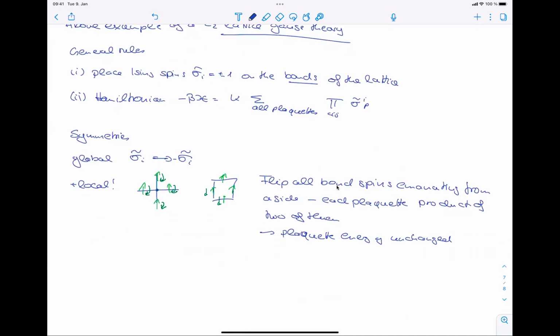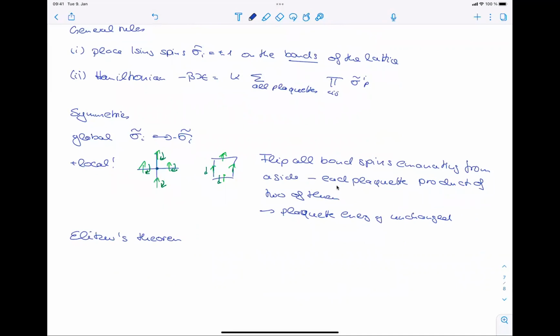And so now it's getting tricky, because if we have such a local theory, the so-called Elitzur's theorem tells us that there's no spontaneous symmetry breaking with such a local symmetry.